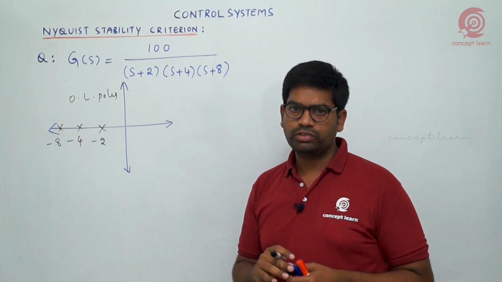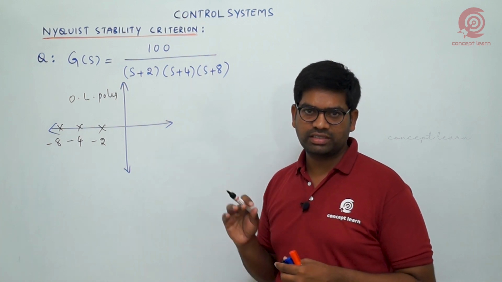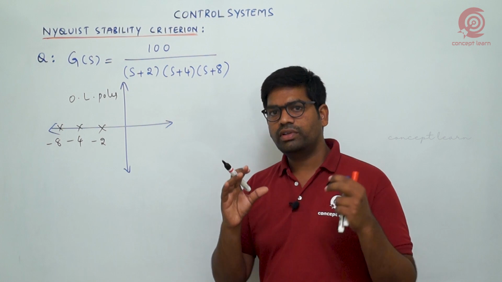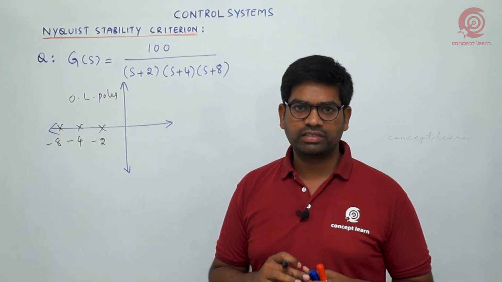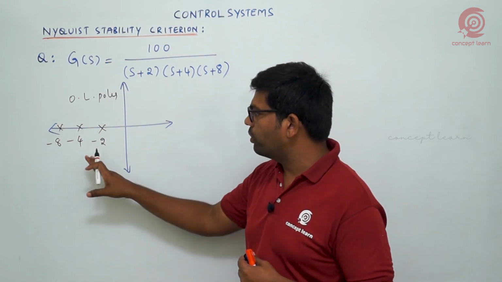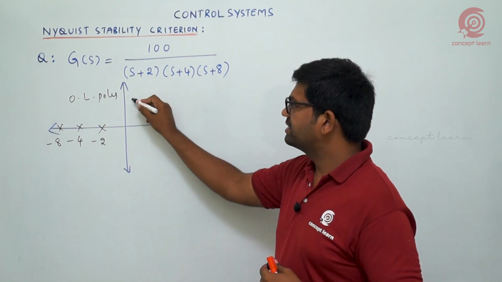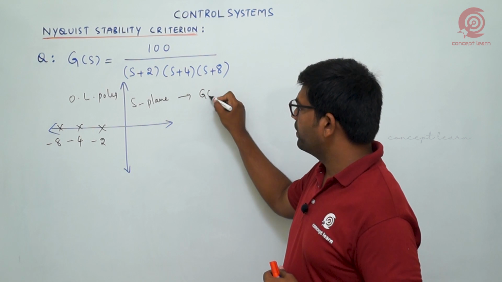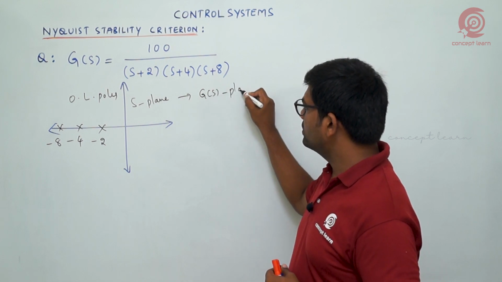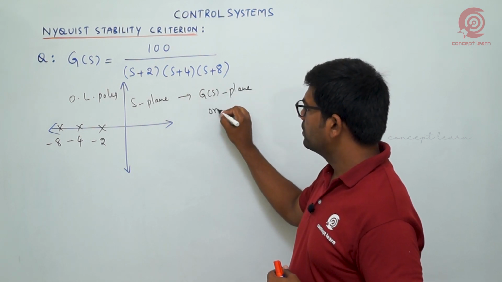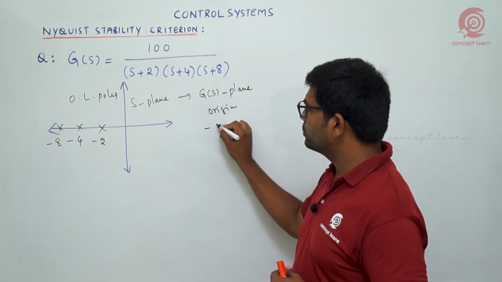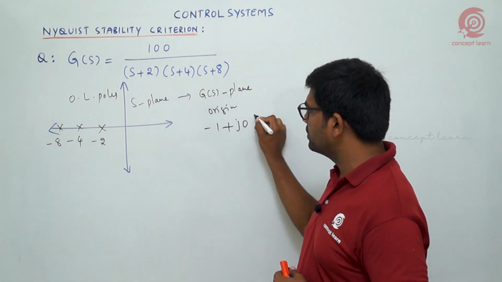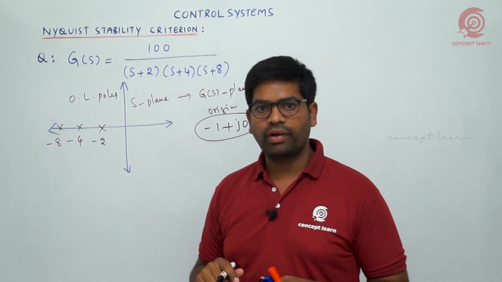We are finding closed loop system stability by using this technique. We are again using the concept of encirclement, but we need to map the S plane towards the G of S plane origin. What is the G of S plane origin? It is -1 plus j0. This is our critical point.